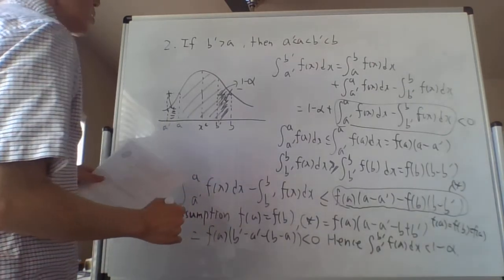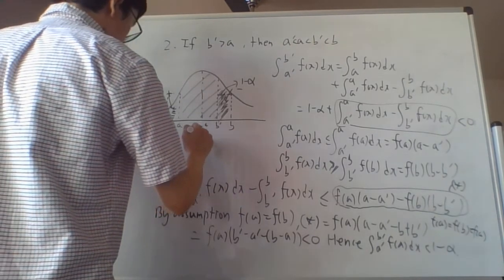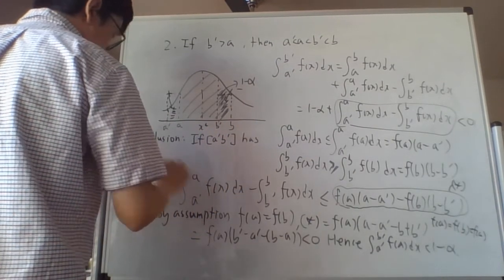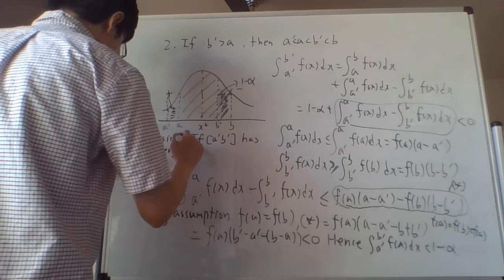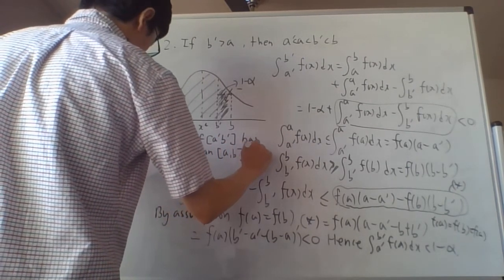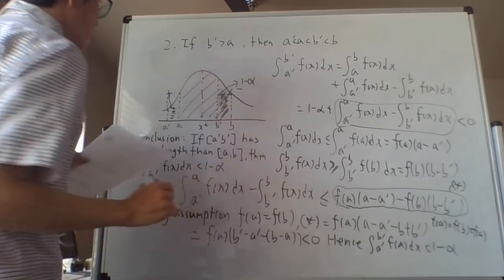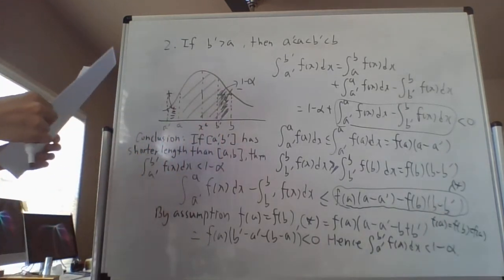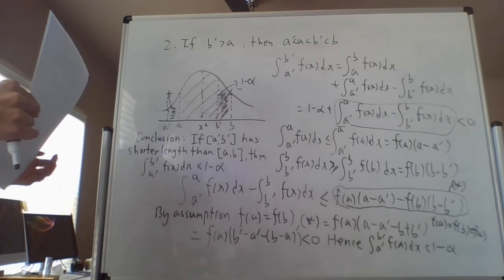So the conclusion is that in both two cases, if we consider interval a prime b prime which has a shorter length than interval a and b, then the coverage based on a prime b prime is less than 1 minus alpha.